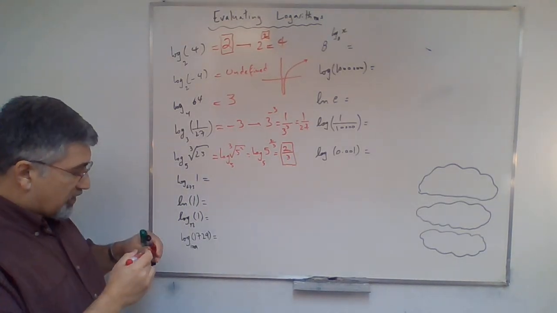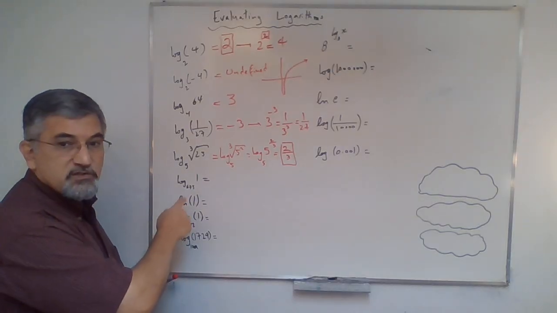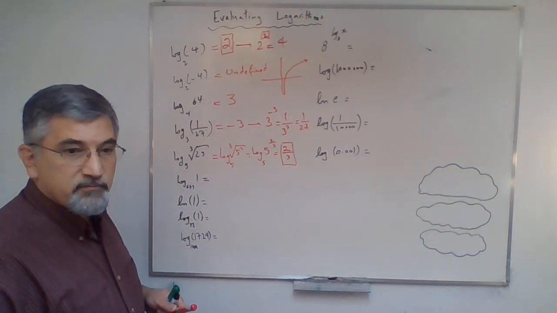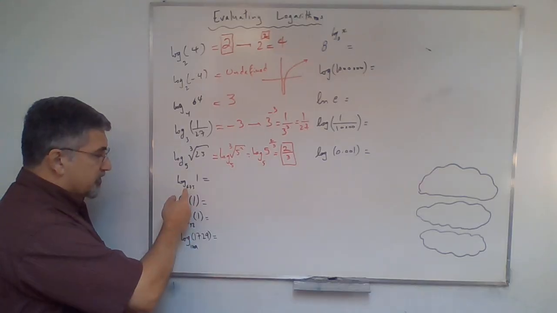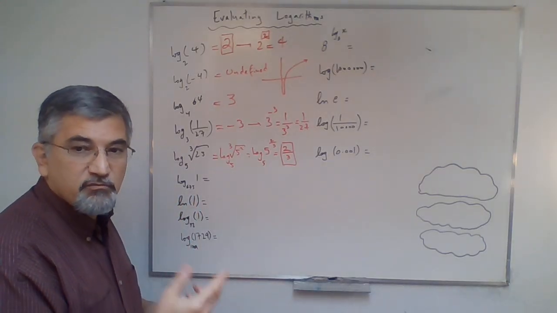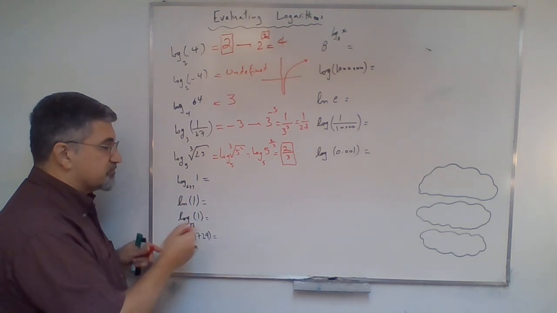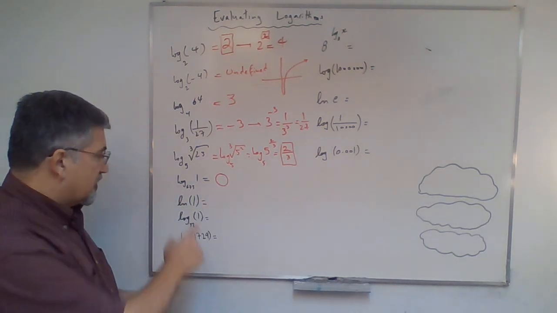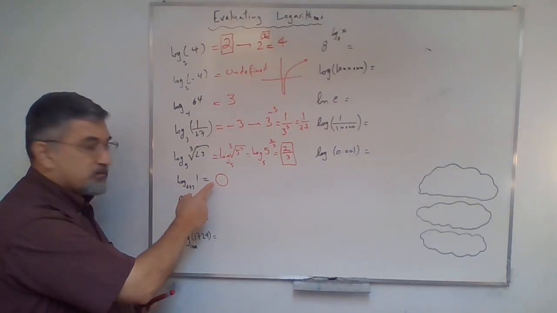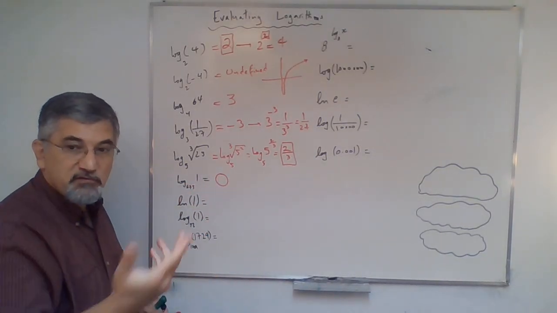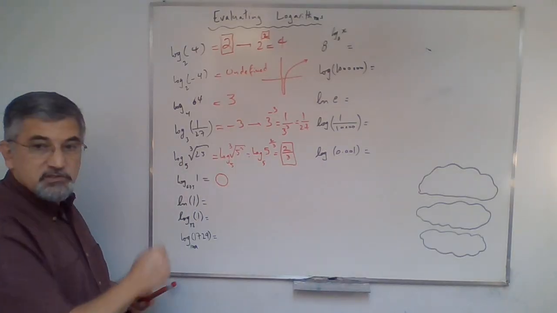Next one, it says log of 1 base 675. It's a big base. There must be some trick going on here. Well, the thing is that it doesn't matter if you have 675 or 6,000,005, whatever you have. Any number raised to the exponent of 0 is equal to 1. Therefore, logarithm of 1 to any base, whether 675 or 674, whatever, is always going to be 0.